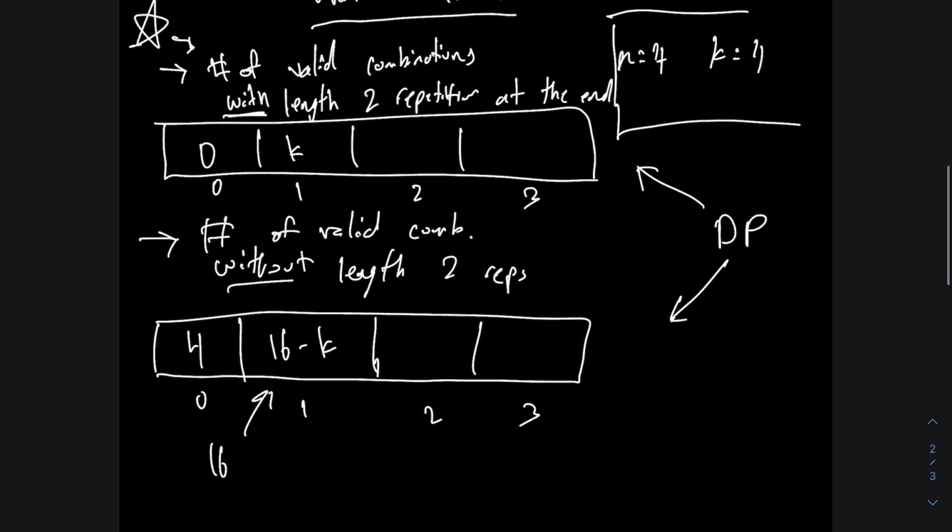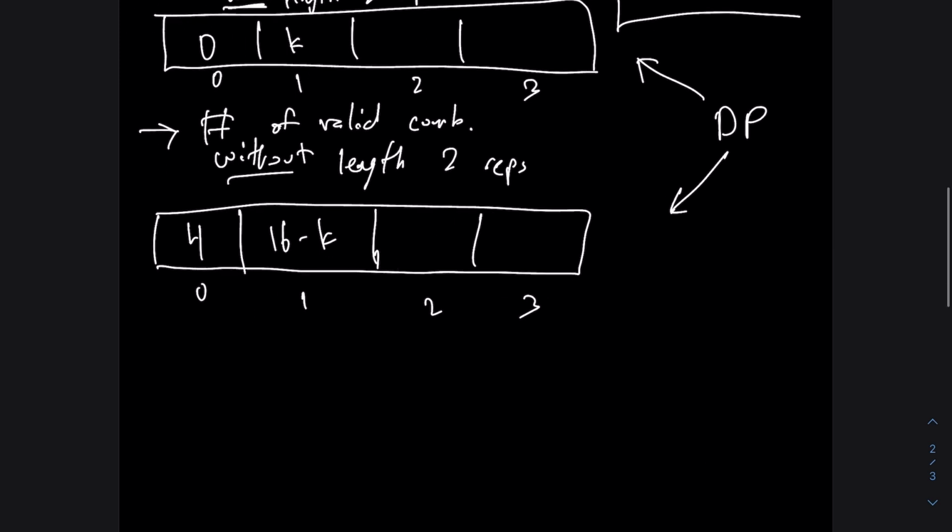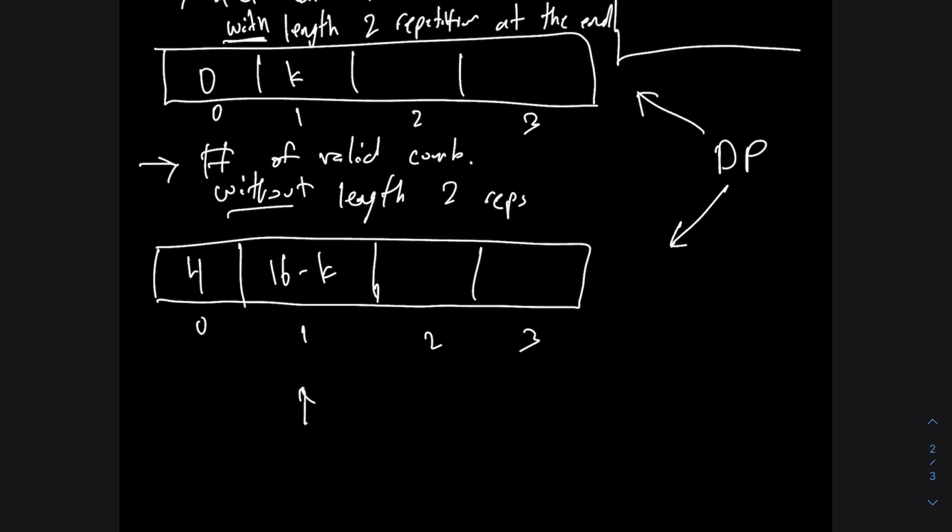Like 0, 0 repeats, 1, 1 repeats. Basically, we're putting 0, 0, 1, 1, 2, 2, and 3, 3 over here, and we're putting the rest over here, the different ones. So now is the cool part. We can see that at each stage, we can use just the information from the previous stage to build the answer to the next subproblem in O of 1 time.